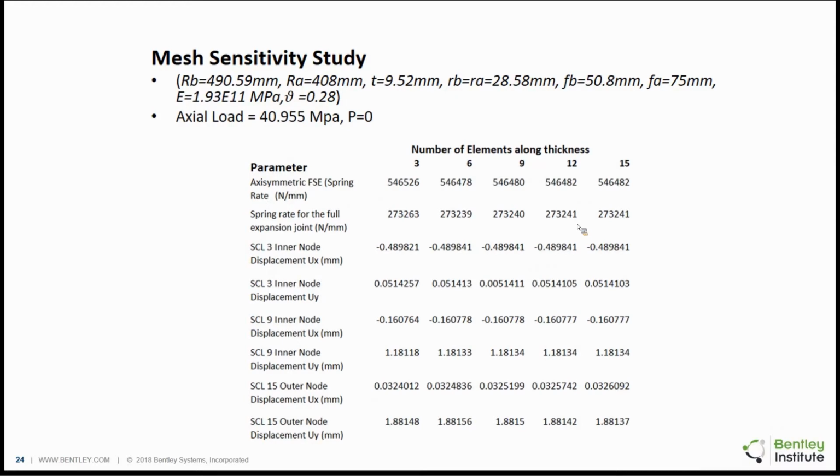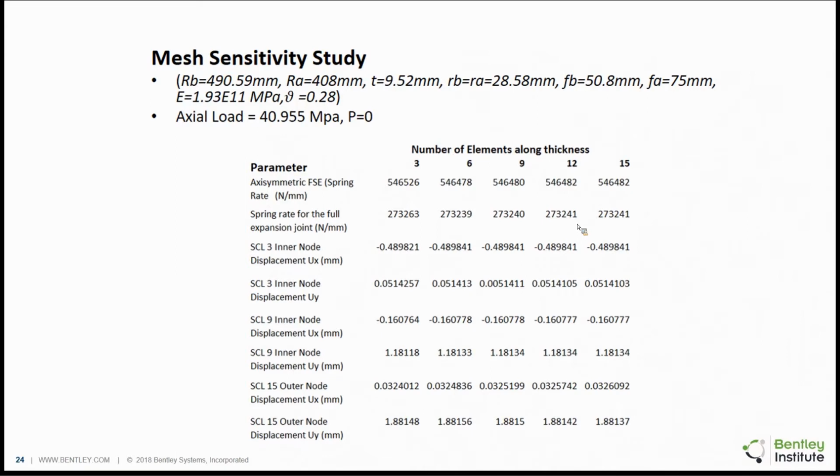If you see the axisymmetric FSC spring rates, and also the inner node displacements UX and UY for stress classification lines 3, 9, and 15 chosen randomly, you find that most of the values are not changing for any change in the number of elements along thickness. So there is no significant change.